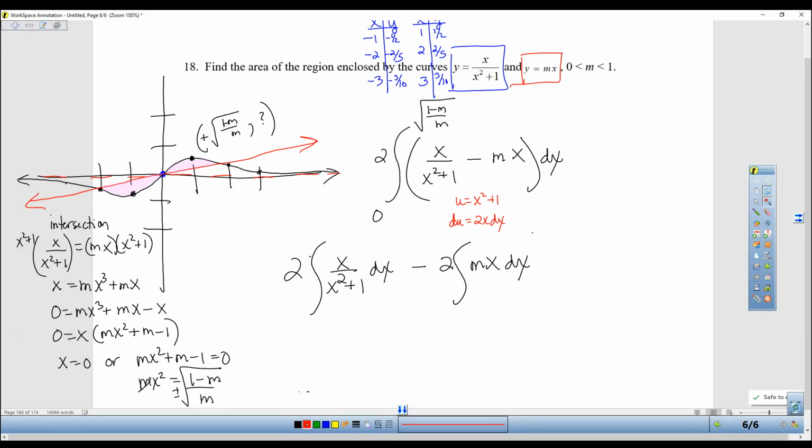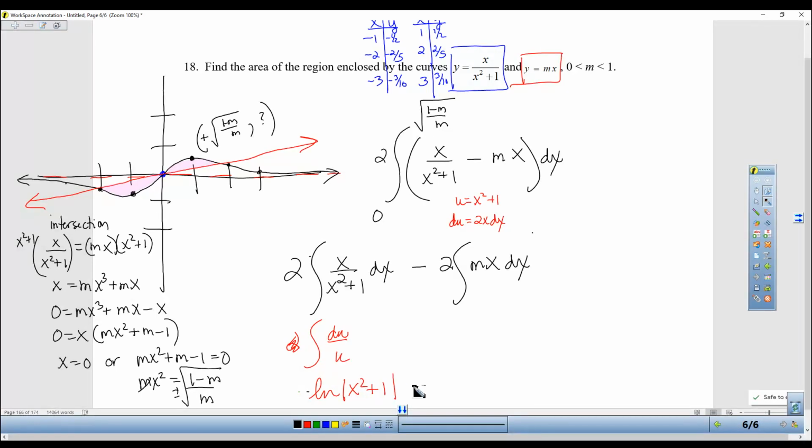So this becomes temporarily 2, and then I have the 2. I have exactly the 2 that I need. So this is just going to be du over u, which becomes the natural log. Oops, I've already taken the integral. This becomes the natural log of x squared plus 1.